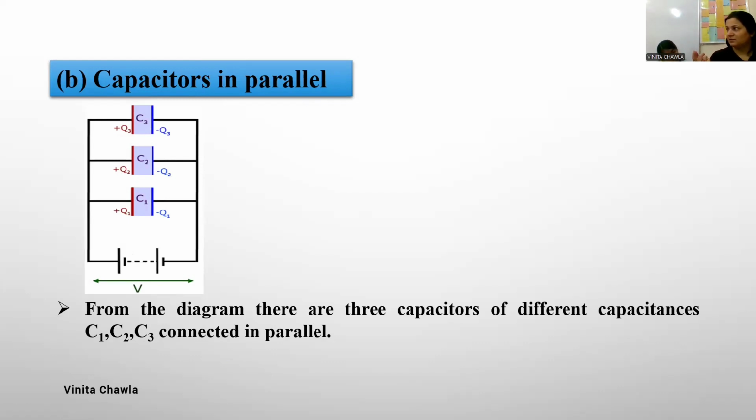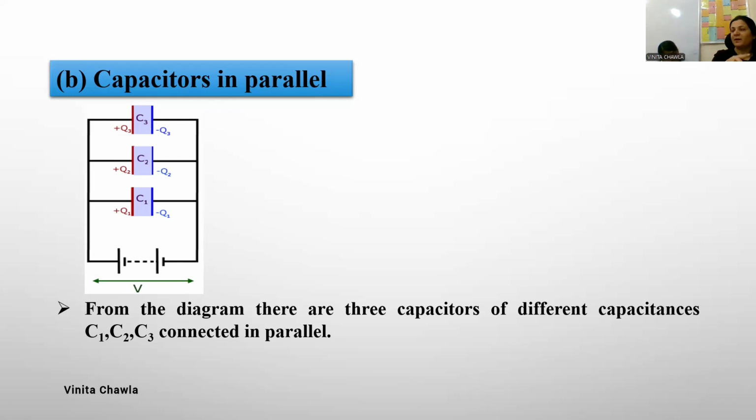We have done this, right? We keep V the same and the value of I changes. Through each branch, there is a different current, and the value of current depends upon the resistance value. In the same way, here also, V is the same for all capacitors.